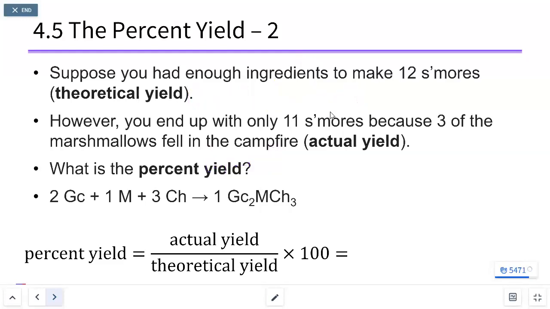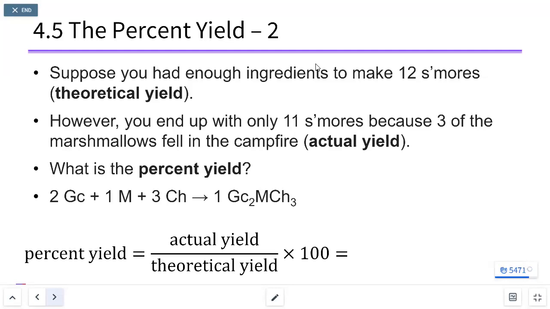Coming back to the s'mores. Let's say that we had enough ingredients that we could make 12 s'mores. But because things happen, we end up burning some of the marshmallows, they fell off our roasting sticks, whatever. We only ended up making 11.